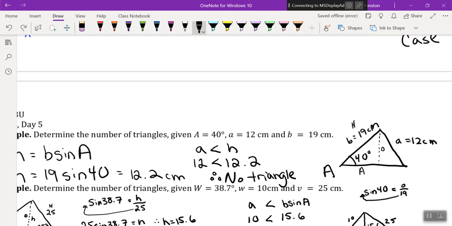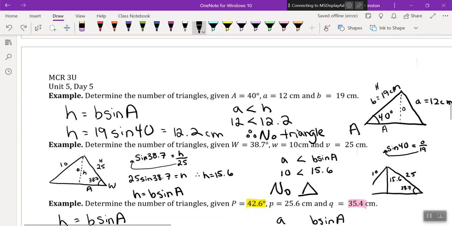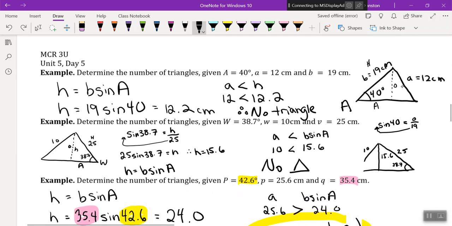We can see that we get 12 here, and we get 12.2 for the height. Well, since the height is taller, obviously there's going to be no triangles. Then it wouldn't touch. If that's a shorter side and that's a longer side, then this is not going to touch. It's not going to make a full triangle.